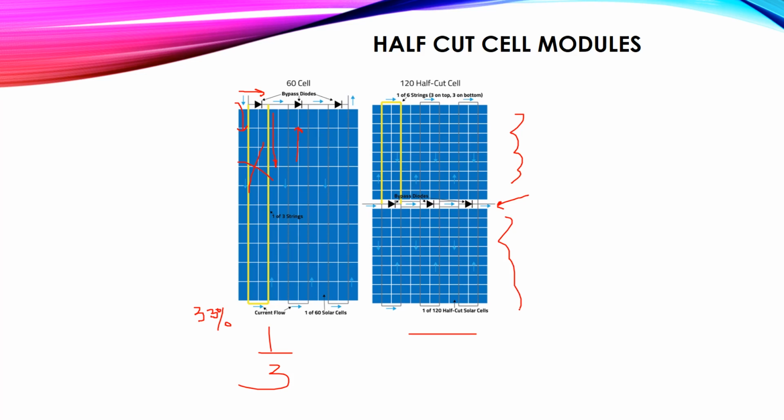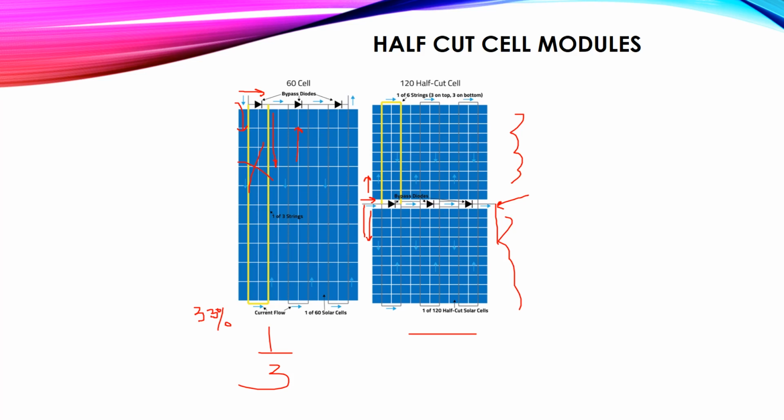Each of them takes half of the current. Since this is our first terminal and this is our second terminal, the current goes here and goes up and goes down. So the current is divided as if we have two panels instead of one panel.